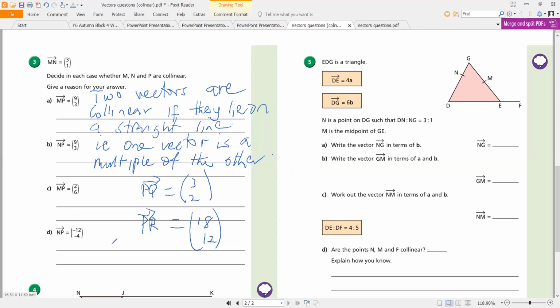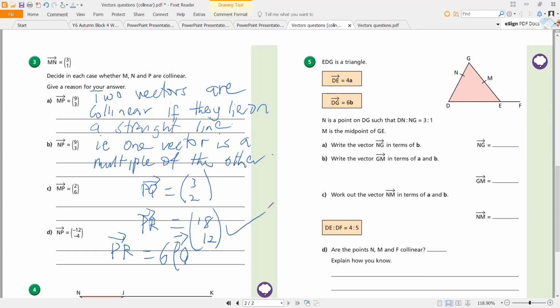That the vector PR is a multiple. But a multiple of the vector what? PQ. Because if you multiply vector PQ by 6, you will get vector PR. Therefore, you can say that the vectors are collinear.